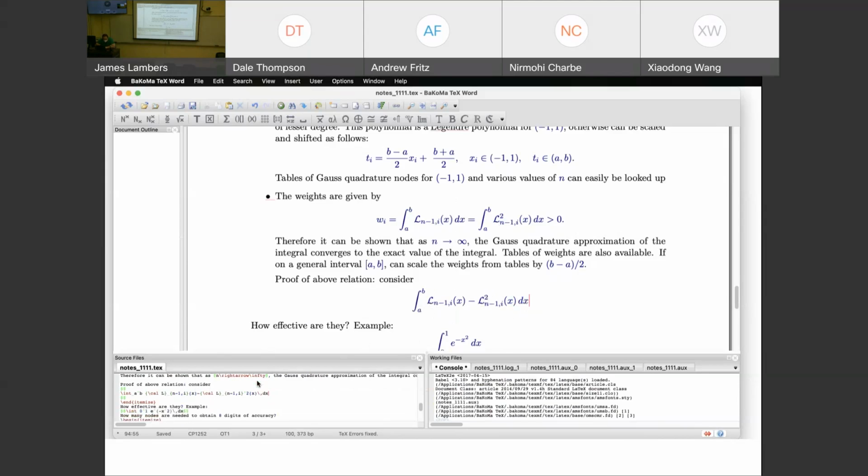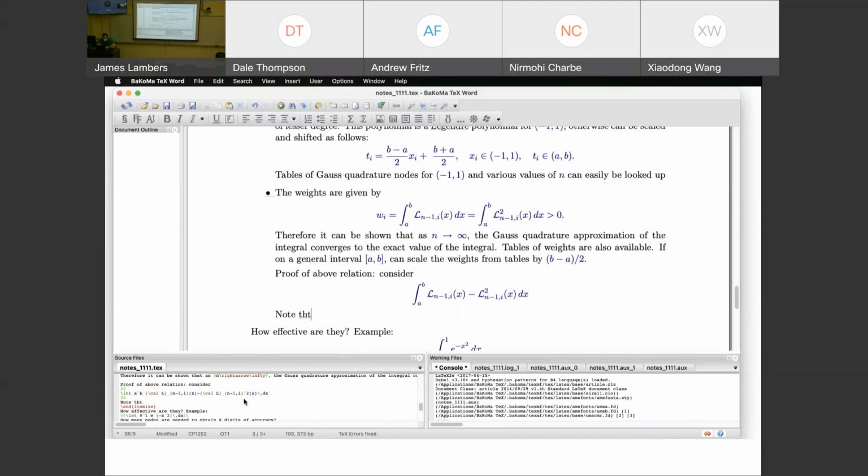Now, what we need to note about the integrand: here we have a Lagrange polynomial, and it's squared, also a polynomial.